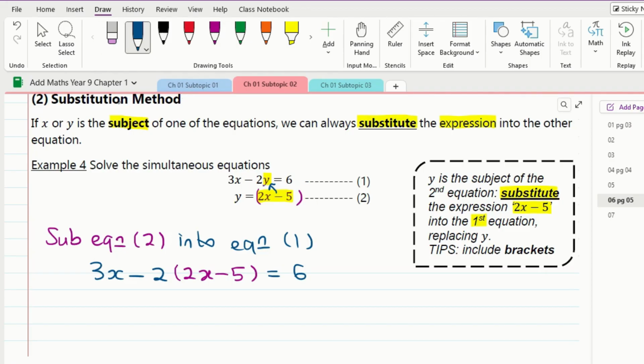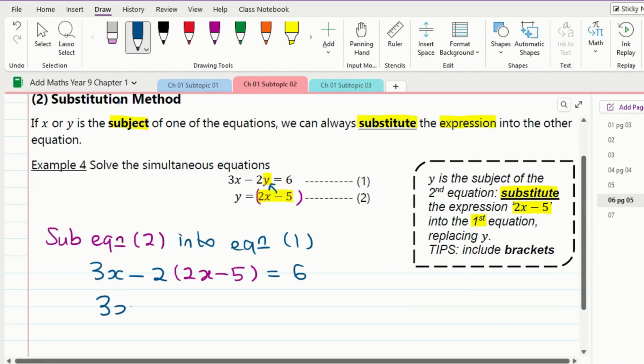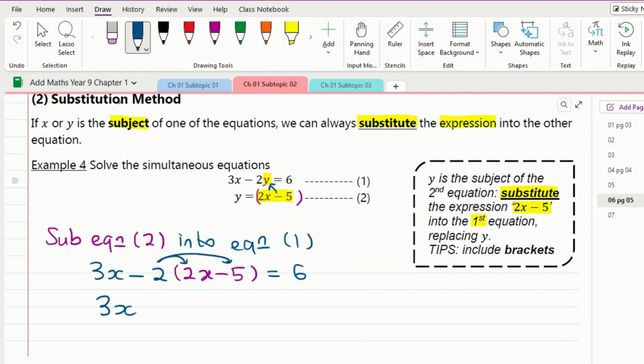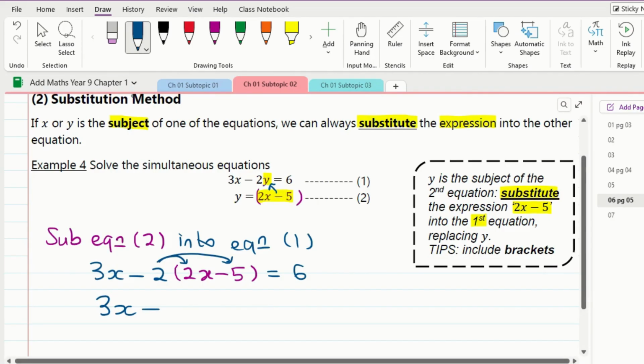So what are the rest of the steps? You are going to just continue with what you have and try to solve this equation, which is 3x minus 2 bracket 2x minus 5 equal to 6. What you can do first is to expand the 2 into the brackets. So you have a negative 4x, and then 2 times 5 is plus 10 equals to 6.